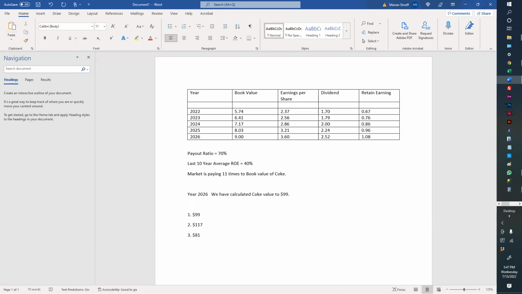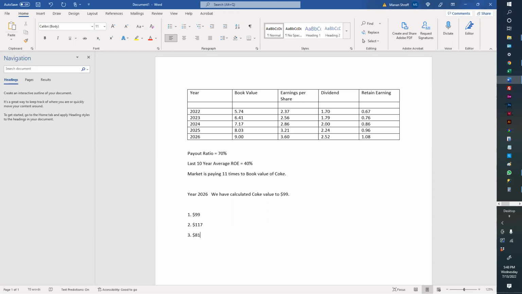Okay, so what you have predicted using this table is that if you pay right now $63 for Coca-Cola, after 5 years, so year 2026, either you would have $99 as you predicted, or you may have more than $99 because the market was very enthusiastic and wants to pay you more, or the market is depressed and they want to pay you $81.